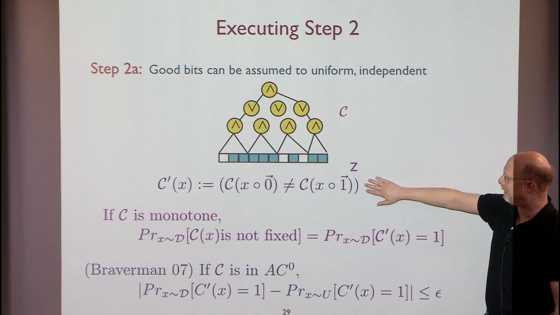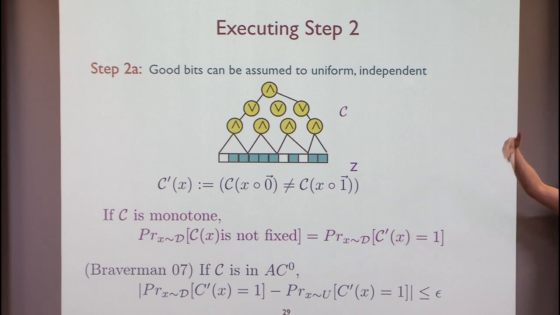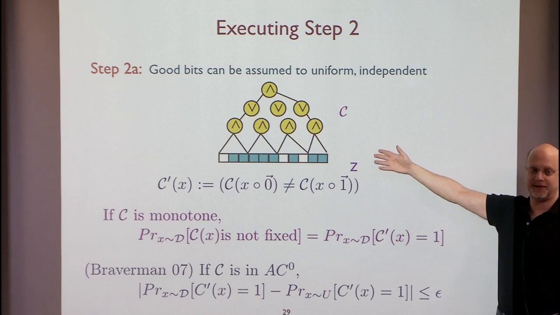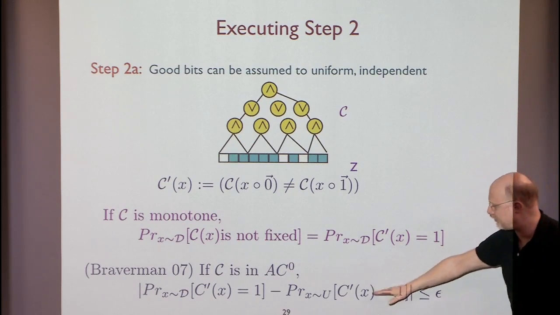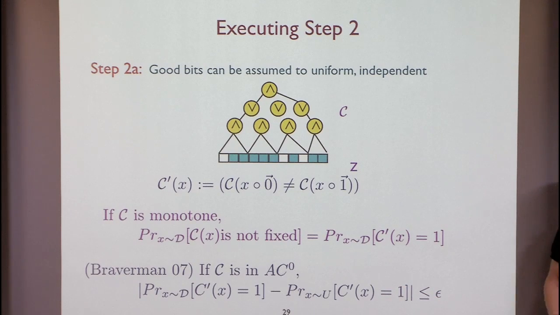The circuit C prime just has depth 1 more than the original circuit C. So if C was in AC0, then so is C prime. So it's enough to fool the circuit C prime, and Braverman tells us that polylog-wise independence suffices.